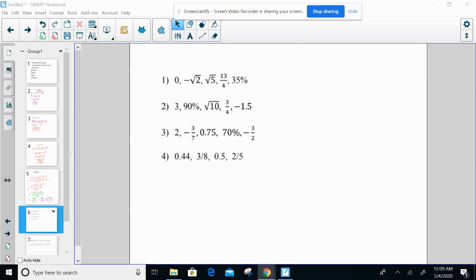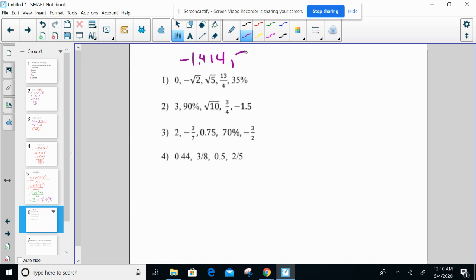Okay, so we have 0. Let's go ahead and do the square root of 2. That's 1.414. Now, here's what you're going to do. Just round it, we'll do 3 decimal places just to be safe. So negative 1.414. All right. Square root of 5, you're just going to put in your calculator.